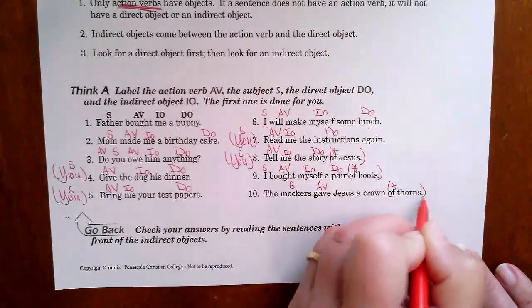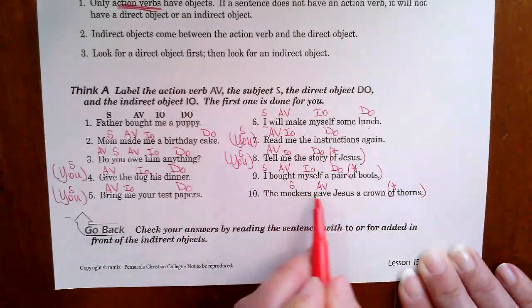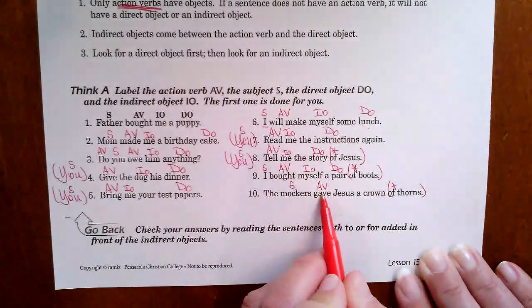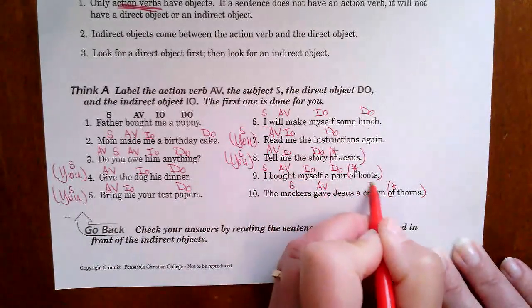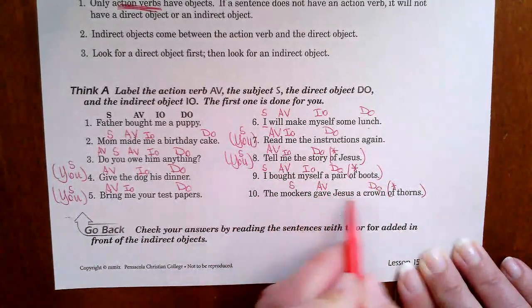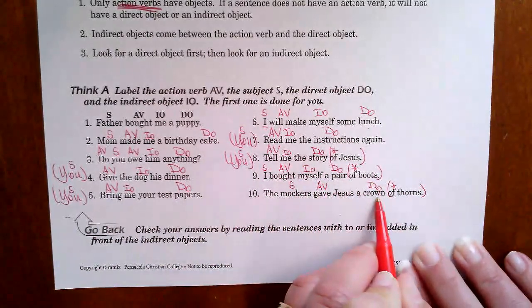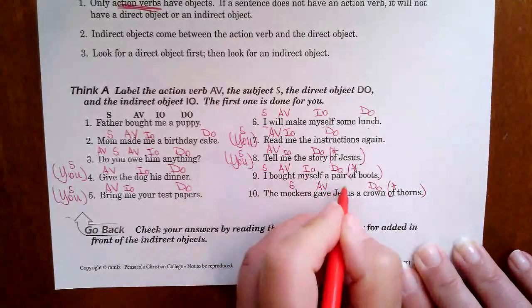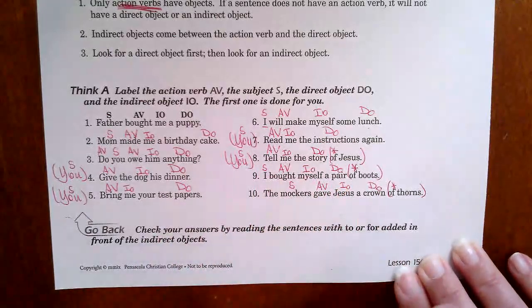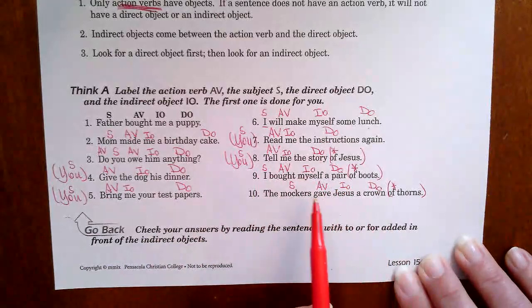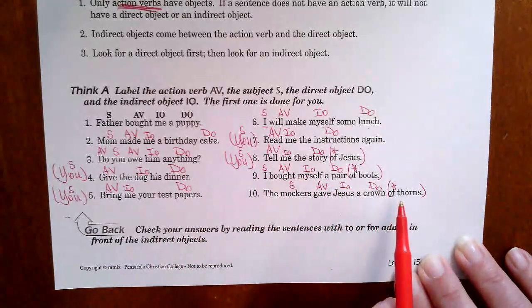Of thorns. Okay, so mockers gave what? What did they give? They gave a crown. Okay, mockers gave a crown to whom? To Jesus. That is our indirect object. So we have found all of our direct and indirect objects on this entire page. And yes, the mockers did give Jesus a crown of thorns.